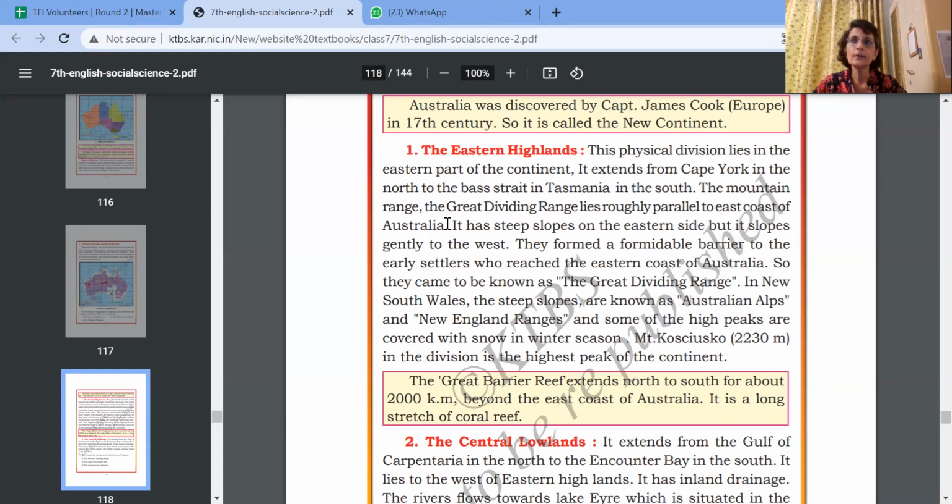After that, they could not go to the western part of Australia because of these huge mountains. Those mountains were dividing Australia and not letting outside people cross over to the western side. That is why it was called the Great Dividing Range.